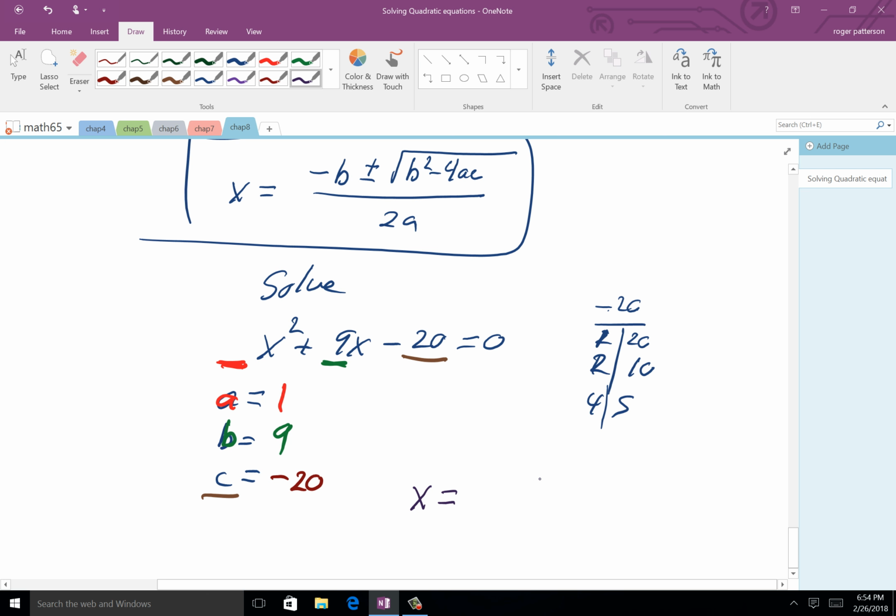x equals negative b, so that'd be negative 9, plus or minus the square root. And what I tell people to do is, instead of taking this number and messing with it, just do it right in here. So go 9 squared, well that's 81, minus 4 times a times c, all over 2 times 1.